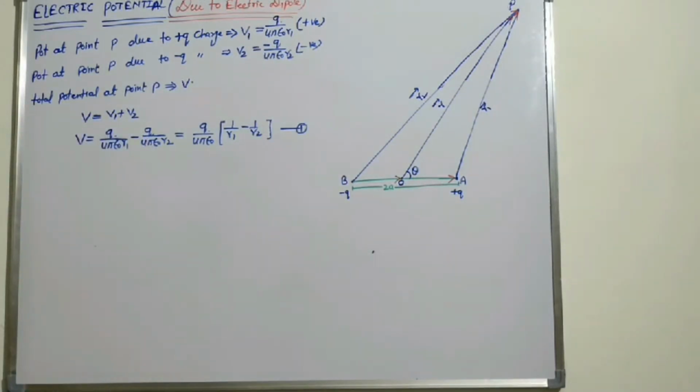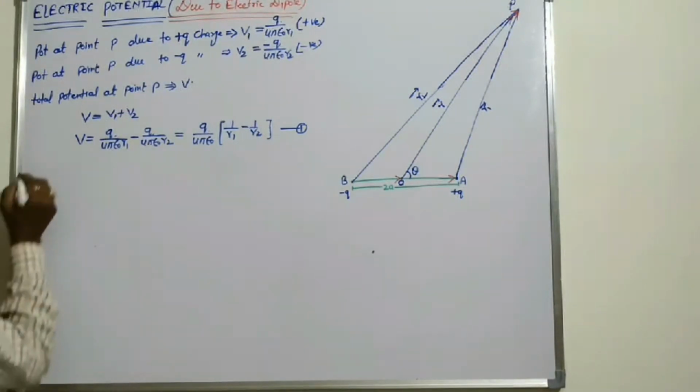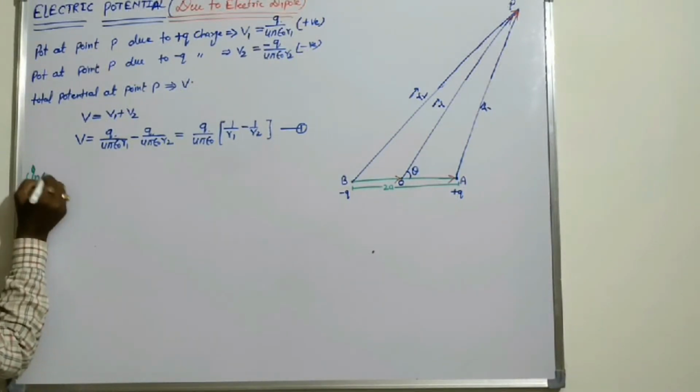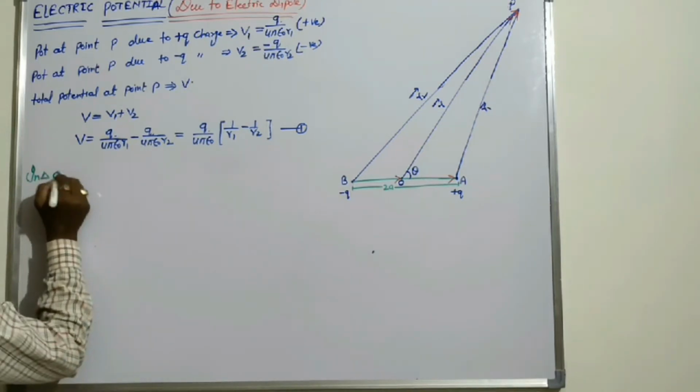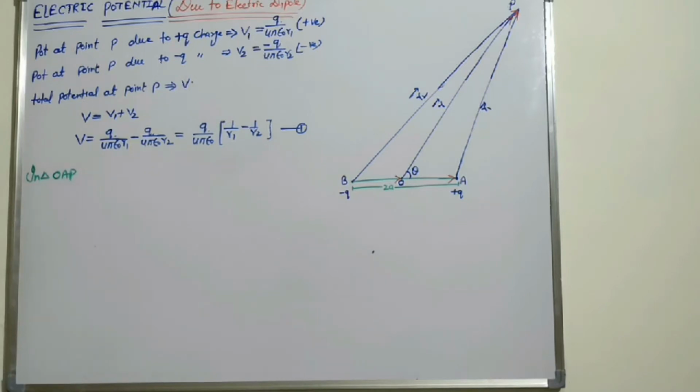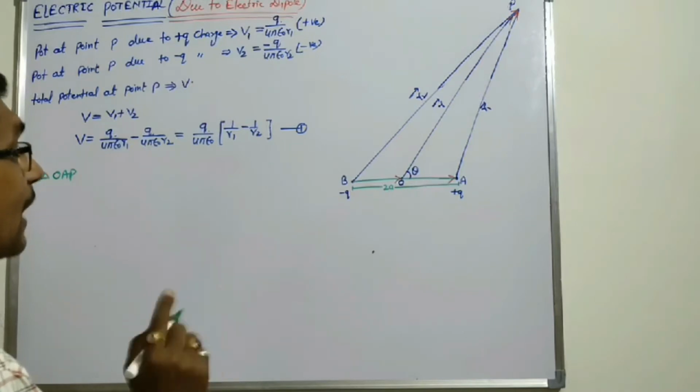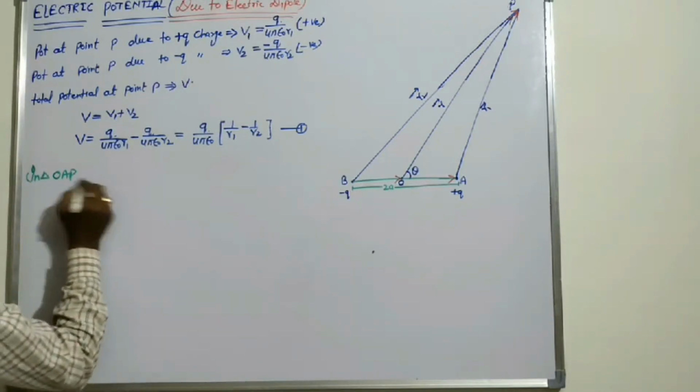Now we can find value of R1 and R2. Okay, so in triangle OAP, according to vector law of addition, R is a resultant vector.